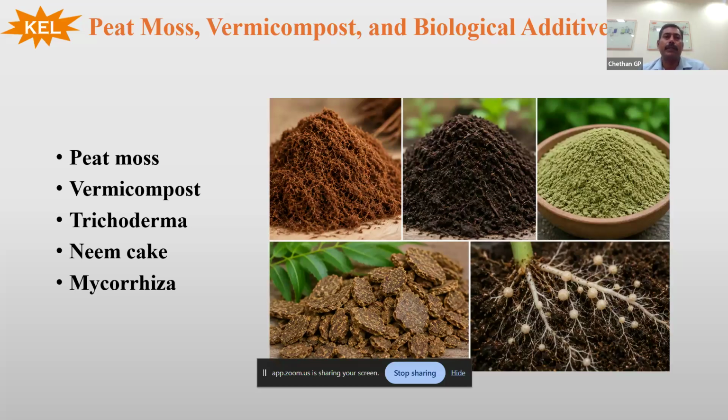And neem cake contributes organic nutrients while suppressing certain soil pests and nematodes. Although these additives represent only a small proportion of total substrate volume, they significantly influence crop performance and contribute to sustainable root zone management.